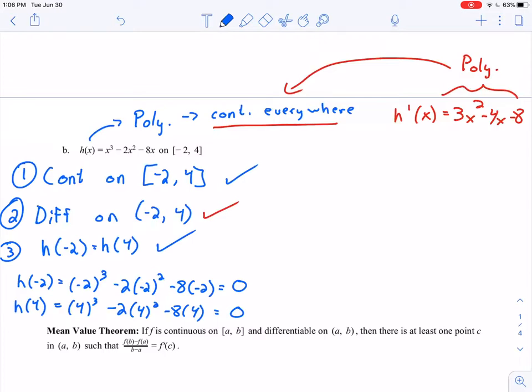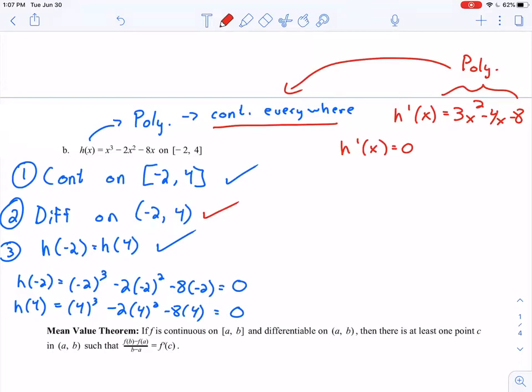So what that means is we have at least one point between -2 and +4 where h prime of x is equal to 0, where we have that horizontal tangent line. So now we need to go and find that point. And there's really not an elegant way to go about it. Rolle's theorem doesn't tell you how to find that point. It just says it exists. That's all it says.